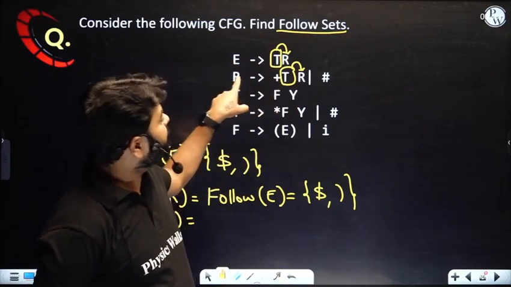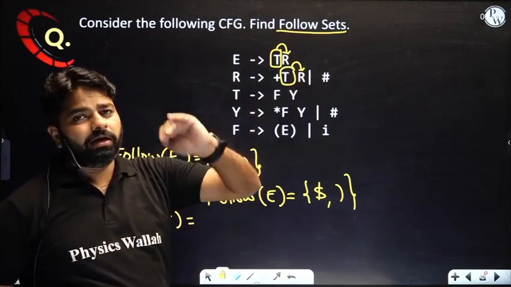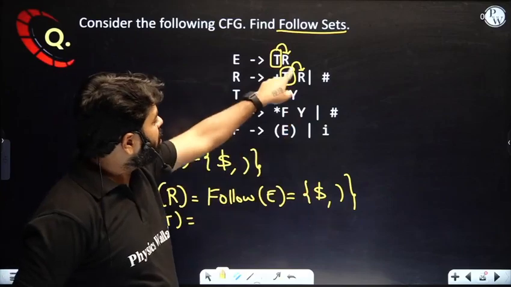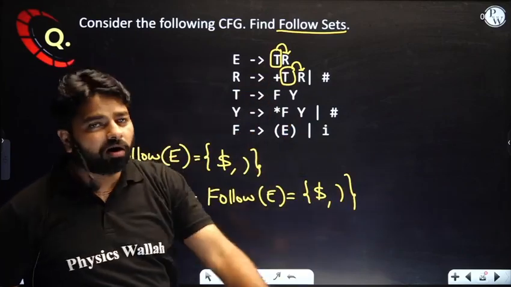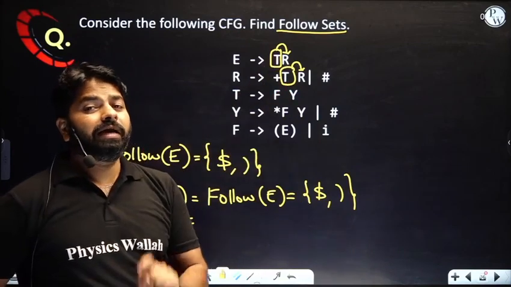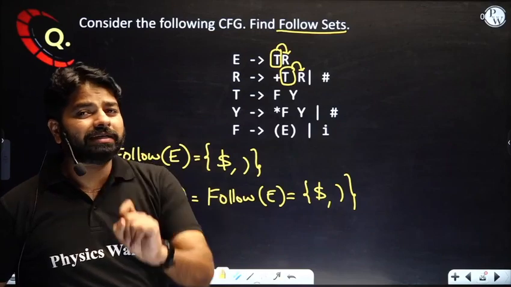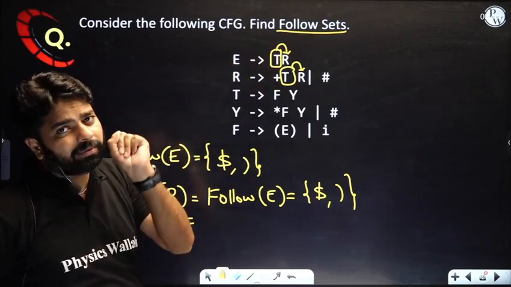Here follow of T means follow of R, in case R derives epsilon. In this example, R always gives something. That's why follow of T is nothing but first of R in both of them. But it is not always so. In case first of R has epsilon, then T also is required to compute E. Remember this point.